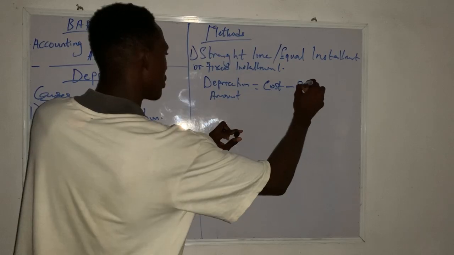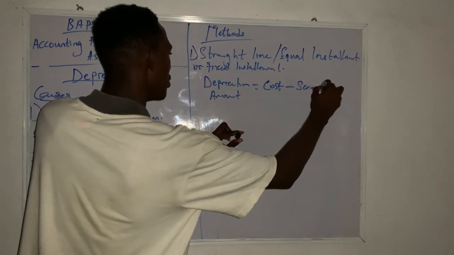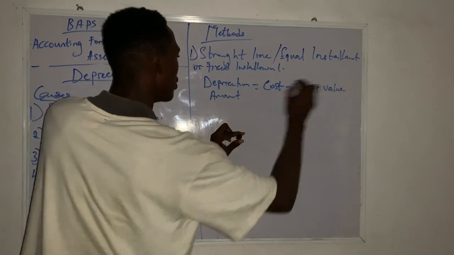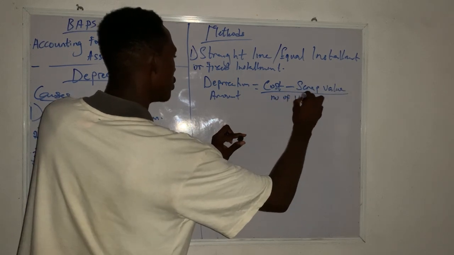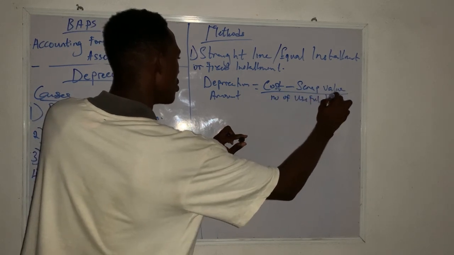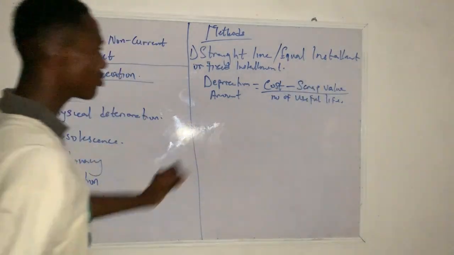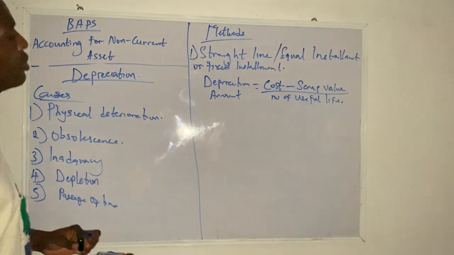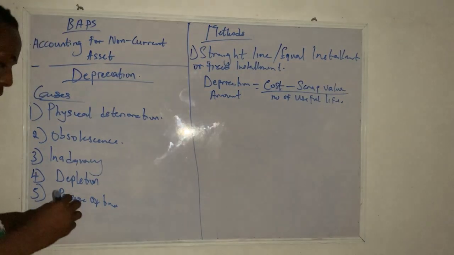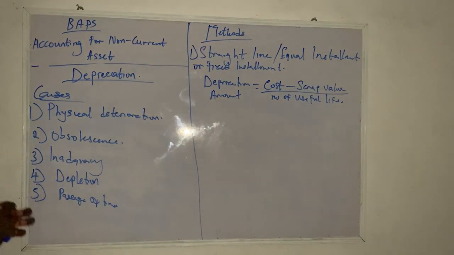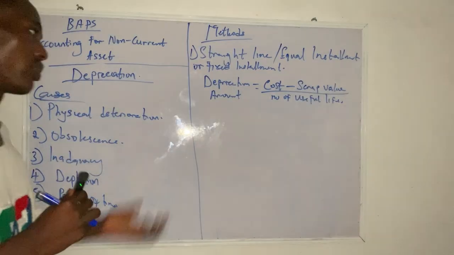That's our cost minus scrap value over number of useful life. That's how you get our depreciable amount or depreciation amount that will be charged to your profit or loss.